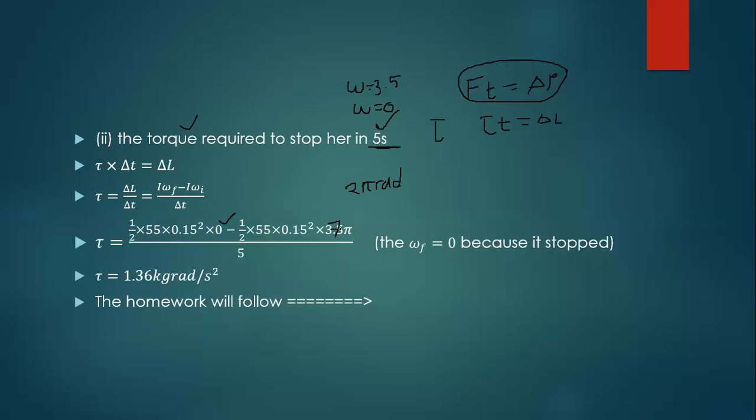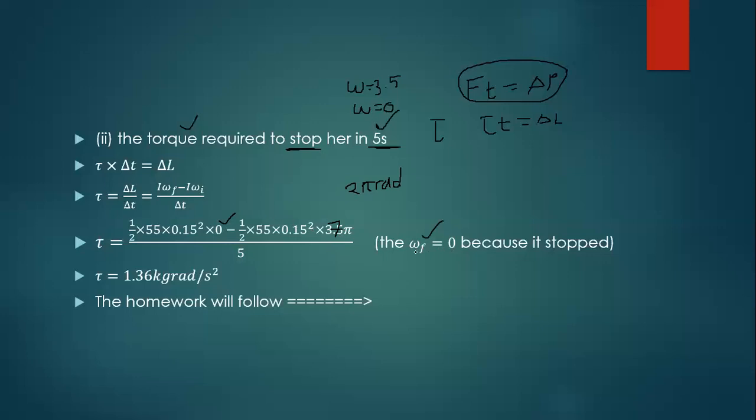So there was supposed to be a 7 pi rad here. I would like you to go and use the calculator properly so that you get the actual answer. We know that its momentum changed because she stopped, and when she stops, the final angular velocity is 0.